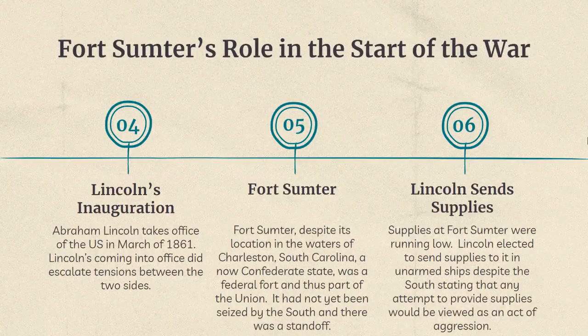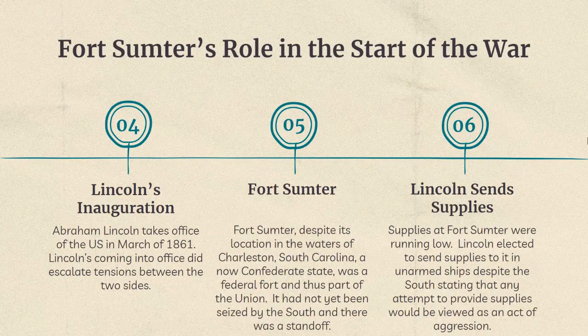So he's inaugurated, he's president in 1861, and then we shift our focus to Fort Sumter and where it is. So secession has occurred. Another country has been created by these southern states. Abraham Lincoln is in office, and Fort Sumter is located in the waters of Charleston, South Carolina.